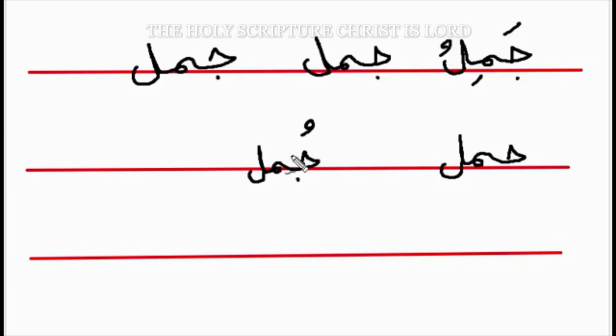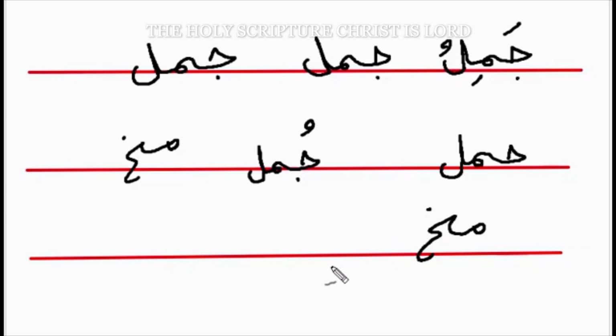All right. So don't forget to use the correct letter writing. If that letter is Jim, then you have to put the dot. If you miss it, you change the word meaning, a totally different word. What about the letter Kha? Mukh. Look how I wrote the Kha. You can write it in a different, artistic way.